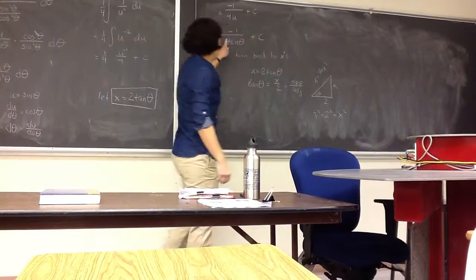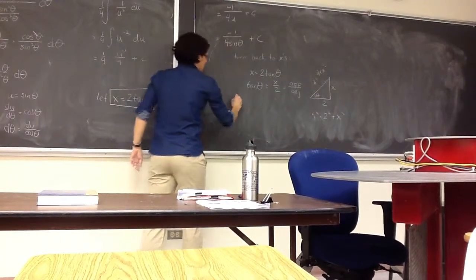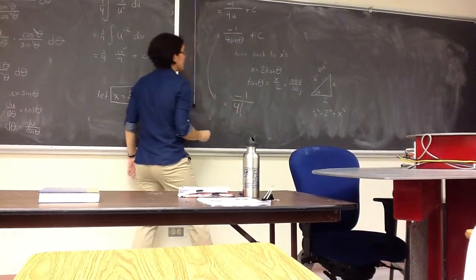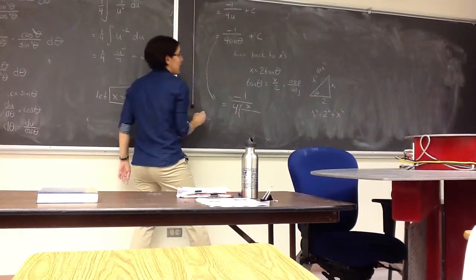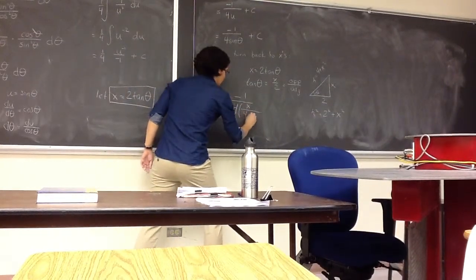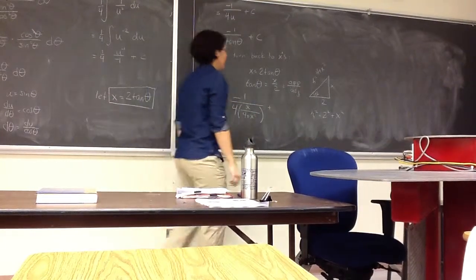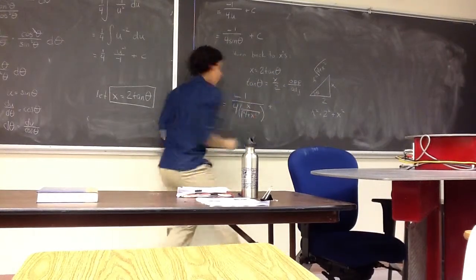Okay, so we now have our hypotenuse here. And so when I go back to my expression up here, I've got negative 1 over 4 times sine, which is opposite, that's x, over hypotenuse, 4 plus x squared. Wouldn't it be square root? Yeah. Oh my goodness, thank goodness you guys are here. Yes, square root of that.